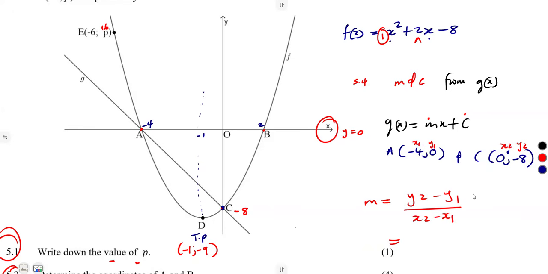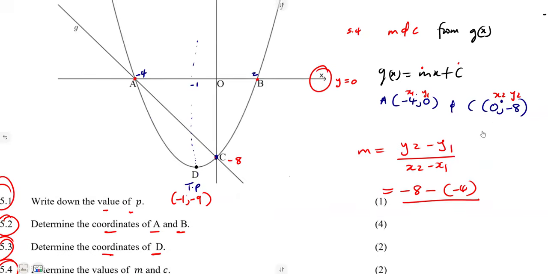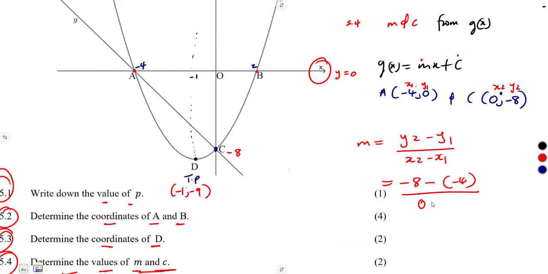Substituting, y2 is negative 8, minus y1 which is 0, over x2, which is 0, minus x1, which is negative 4.